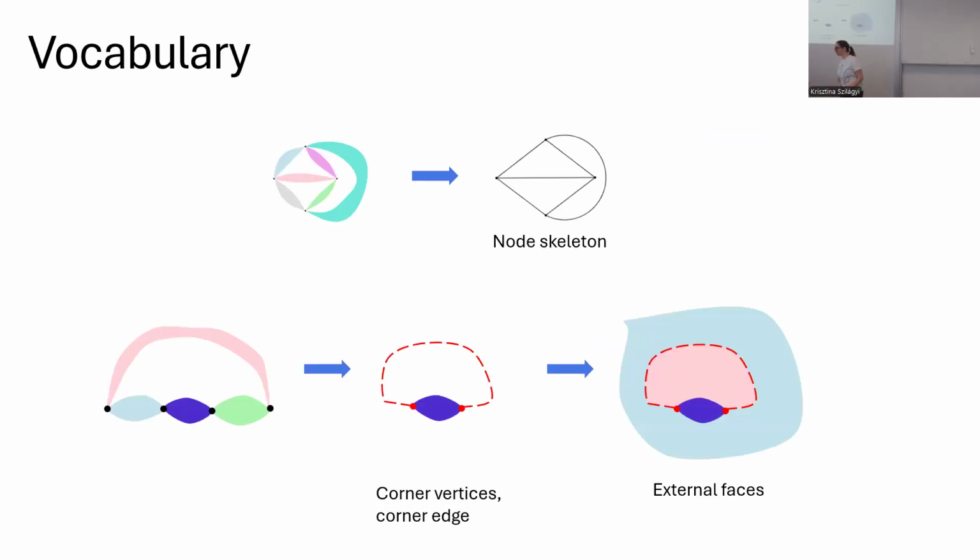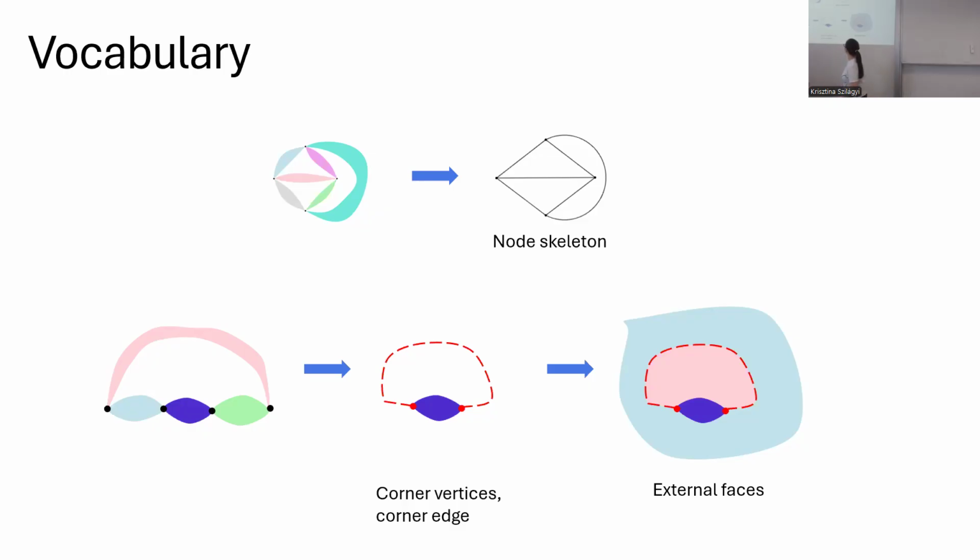Some vocabulary that might be useful: if we have a node in the SPQR tree, the node skeleton is the graph that describes how we connect the children of this node. Another thing is if we have some node of the SPQR tree and we focus on one of its children, then from the point of view of this child, it has these two important vertices that tell us where we attach it to the rest of the graph.